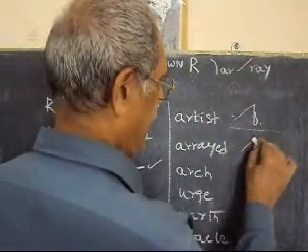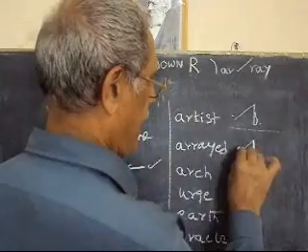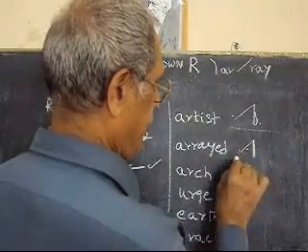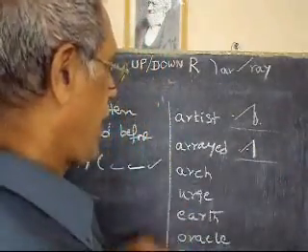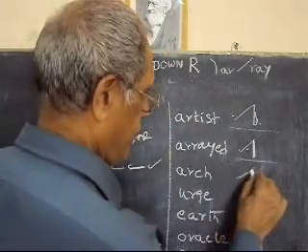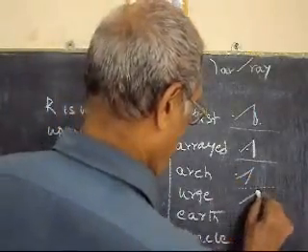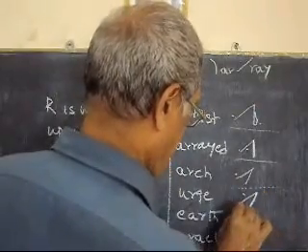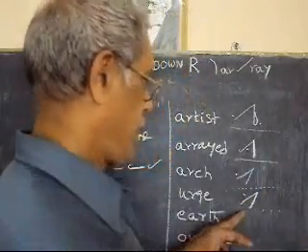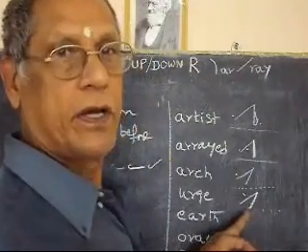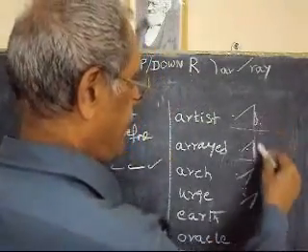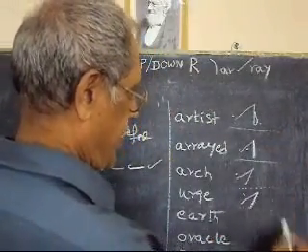Harried. Arch. Ray is used before T, D, CH, J.